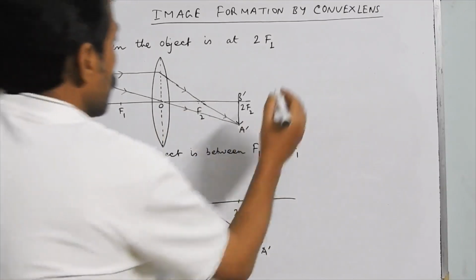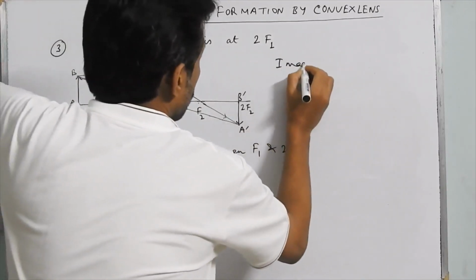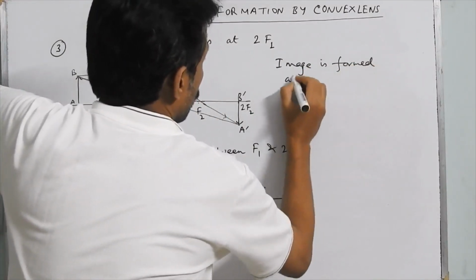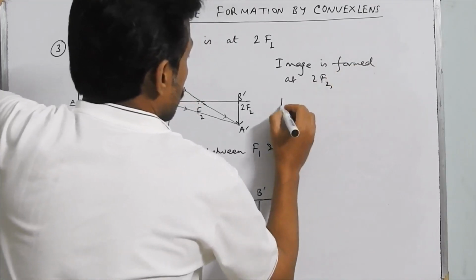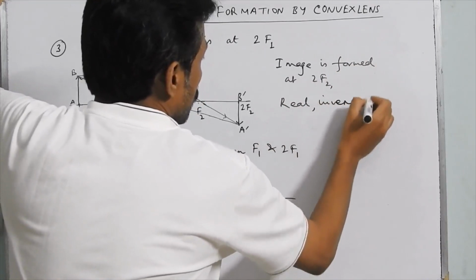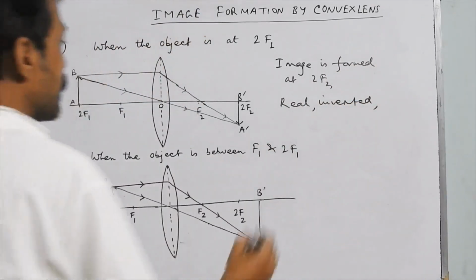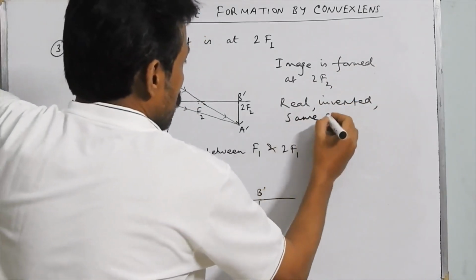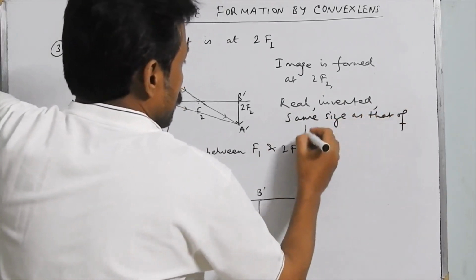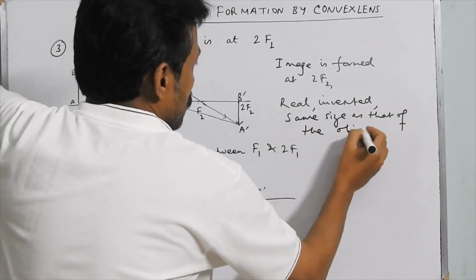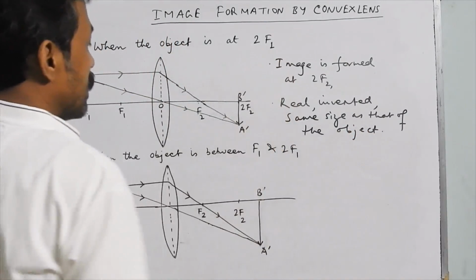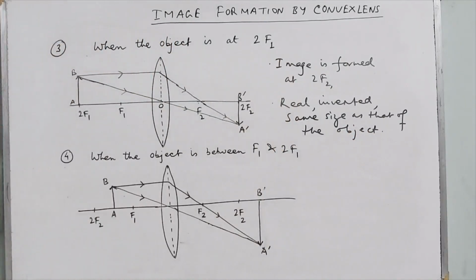So the image is formed at 2f2, it is real, and as I have already said, real images are always inverted, and in this case the image is the same size as the object.